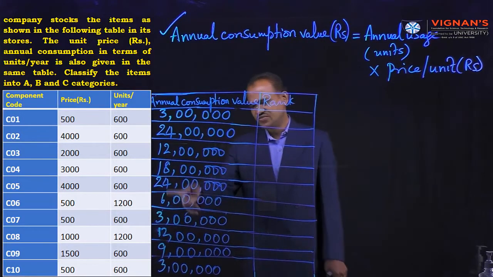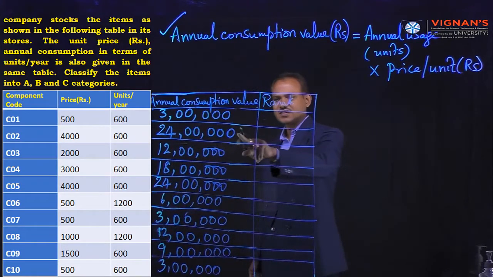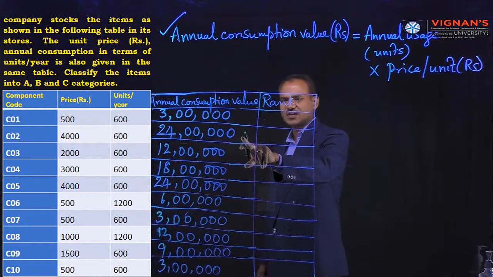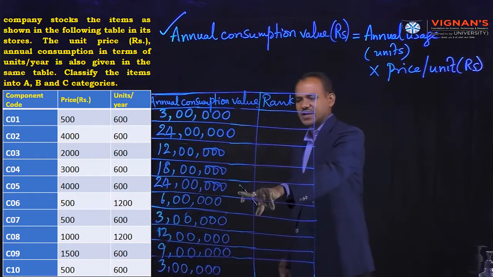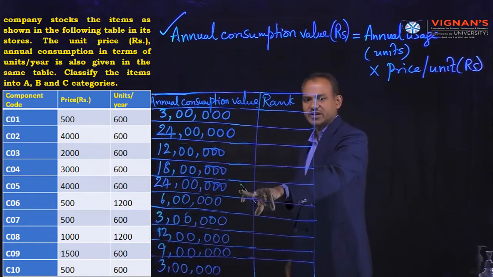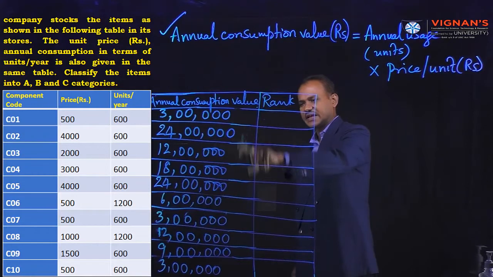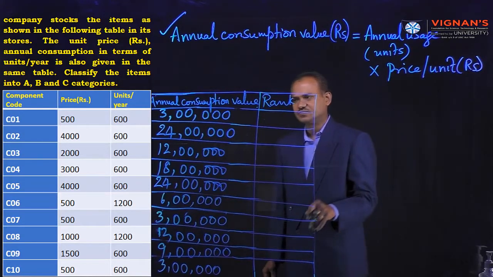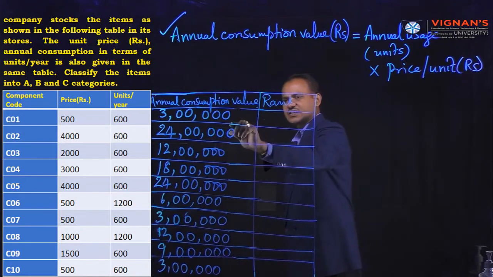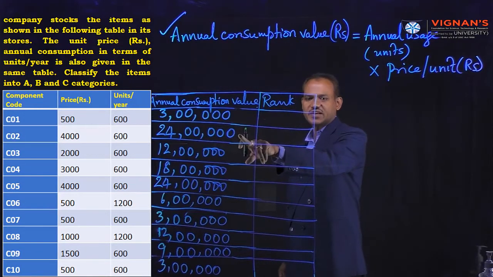Highest value is 24 lakh. This 24 lakh is for component 2. Another 24 lakh is also there. This is component 5. There is a tie. In this case, first in the list, component 2 is there.